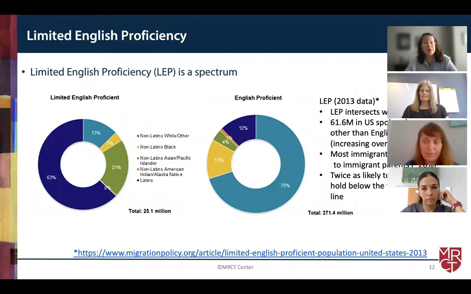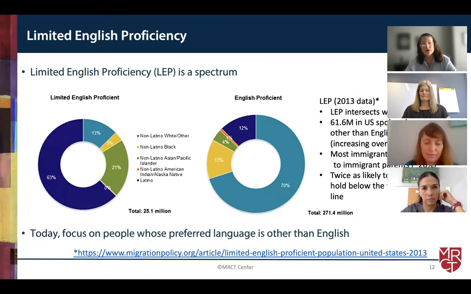So that clearly speaks to the fact that this is an equity issue, and we need to address it. And while there are many, many people and many languages spoken in the US, and there is no official national federal language, certainly our largest portion are those who speak Spanish.